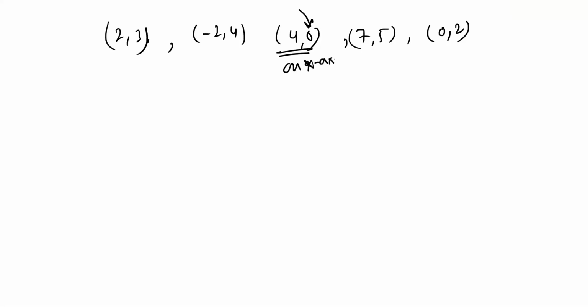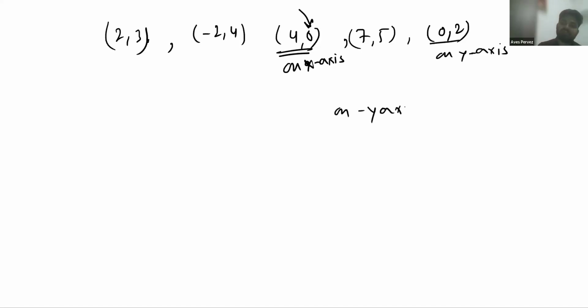If I ask you which coordinate is going to lie on the y-axis? 0, 2. This lies on the y-axis. So on the y-axis, every point is in the form of 0, something. It is confirmed that the first value x will be 0.